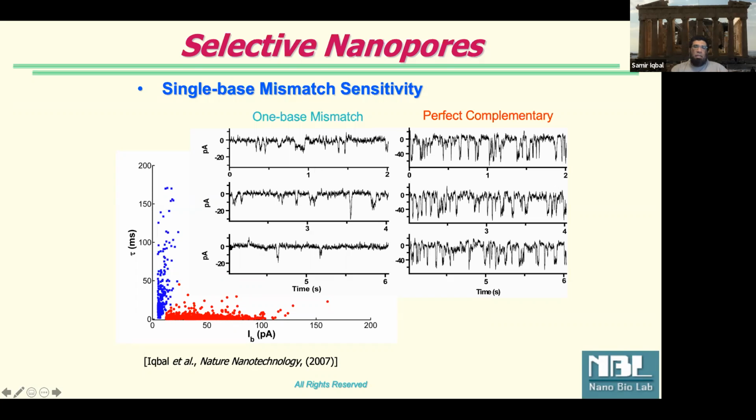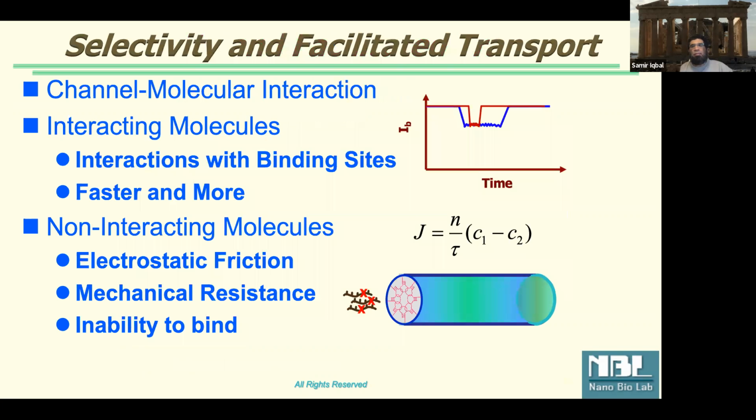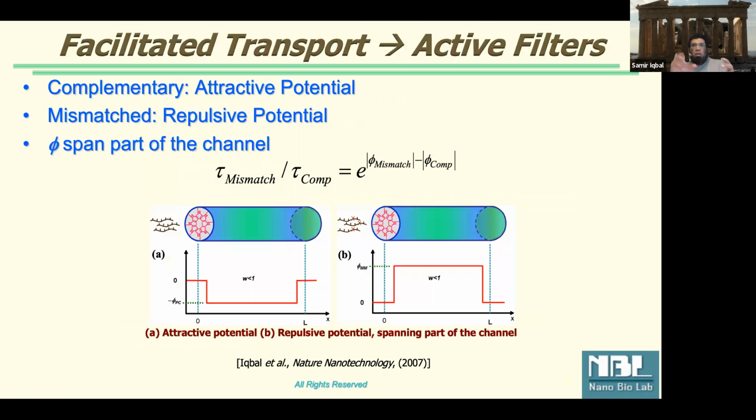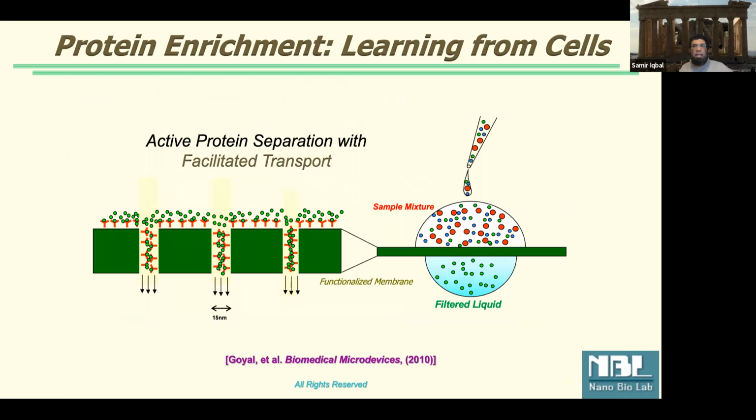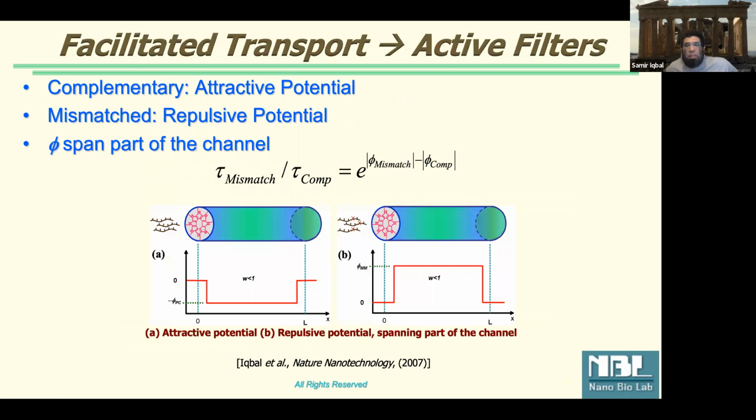And that data we can use some equations to understand as well. At the end of the day, you can model it and show that if a molecule is binding, it shows a different kind of pulse. If it is not binding, it shows a different kind of pulse.